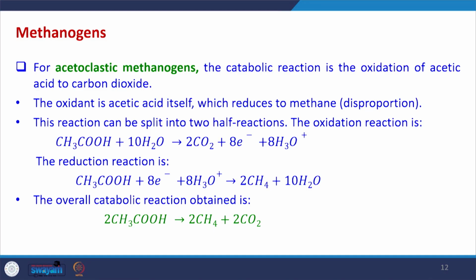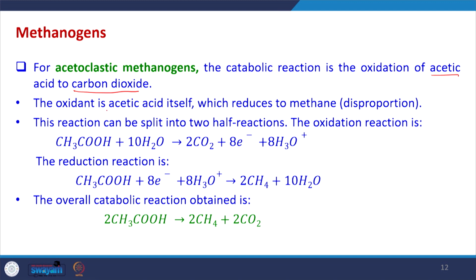During the methanogenesis, there are two types of methanogens possible, the acetoclastic and the hydrogenotrophic. Now, in the acetoclastic methanogens, the catabolic reaction is the oxidation of acetic acid to carbon dioxide. So, here the conversion happens from acetic acid to carbon dioxide.